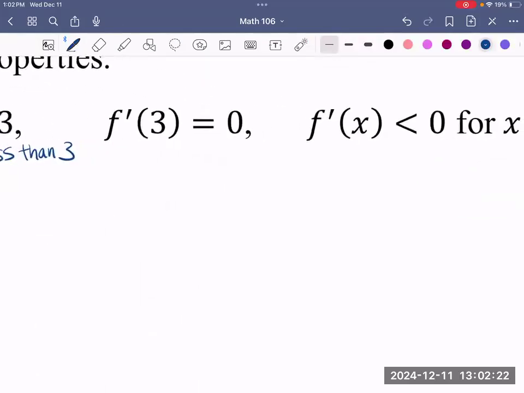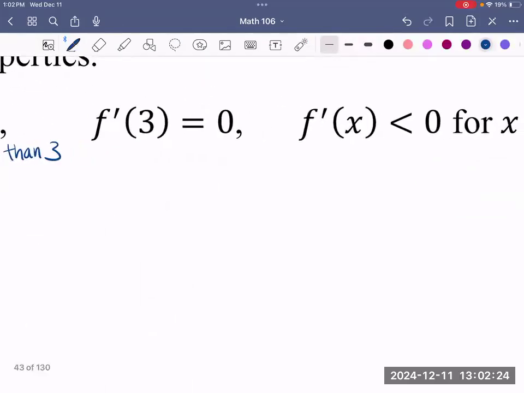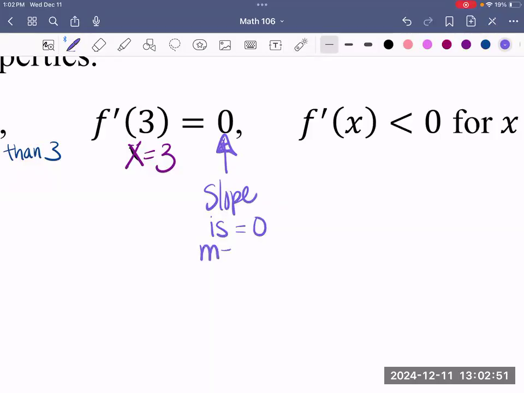It then goes on to say the first derivative when x is equal to 3 is equal to 0. This is referring to the slope of the tangent line, and I'm going to put that in a different color. You'll see that in a second. The slope is equal to 0, so m is equal to 0 at this particular point.